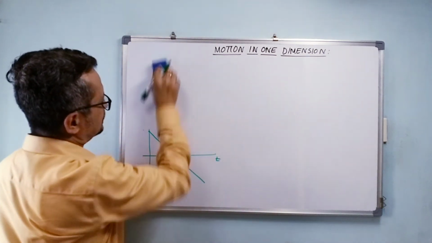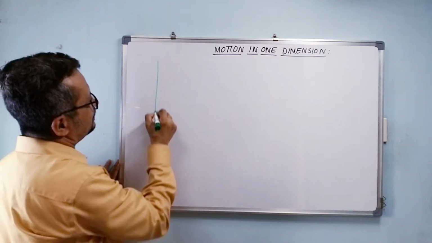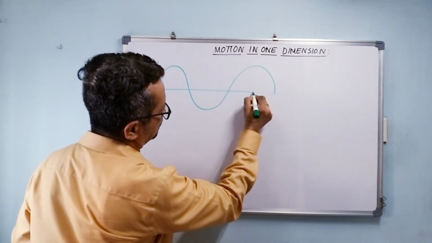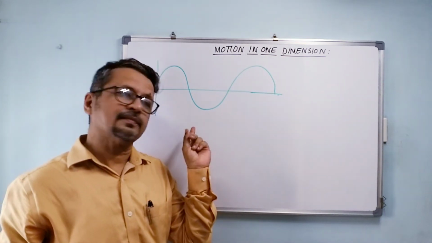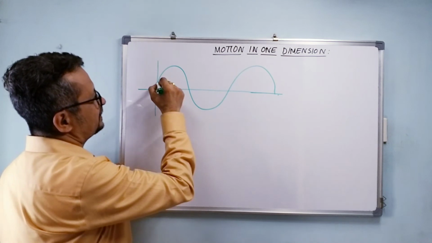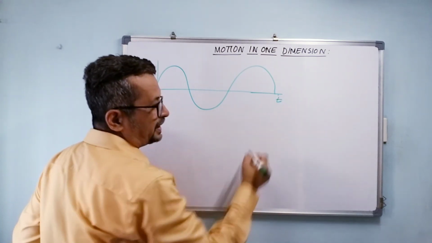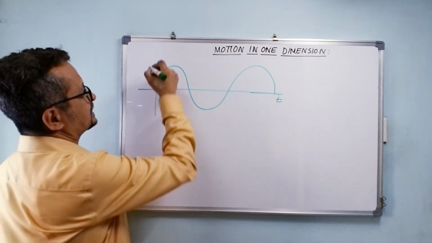Suppose my velocity time graph is something like this. Okay, now here if you see, we want the area bounded between the curve and the time axis.